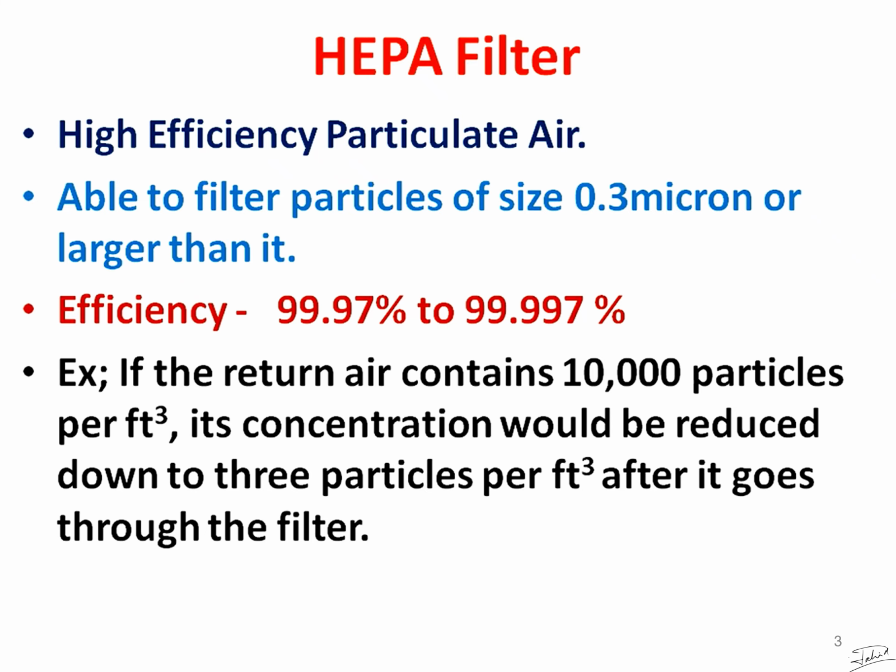High efficiency particulate air is able to filter particle sizes of 0.3 microns or larger. Its efficiency is 99.97%. That means if the return air contains 10,000 particles per cubic feet, its concentration would be reduced down to 3 particles per cubic feet after it goes through the filters.